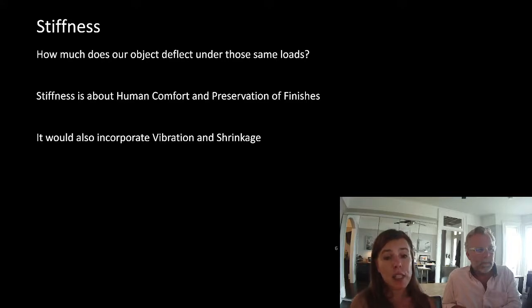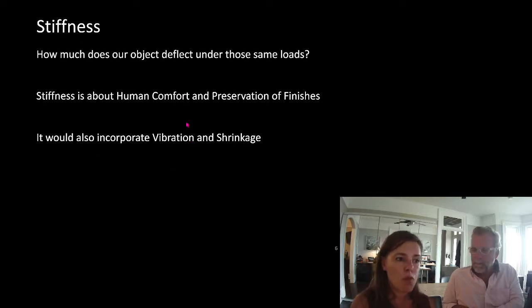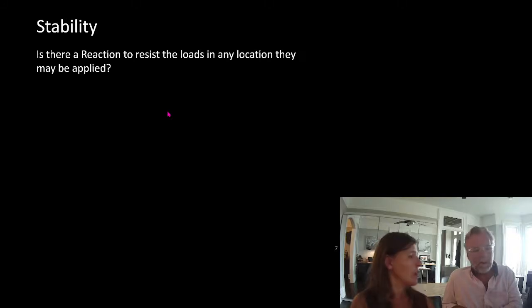Stiffness is actually a big part of what governs design. We make sure it's strong enough, and then usually stiffness ends up governing. So we tend to check multiple different things. The stronger the material is, the more likely it is that stiffness is going to be the thing that controls.